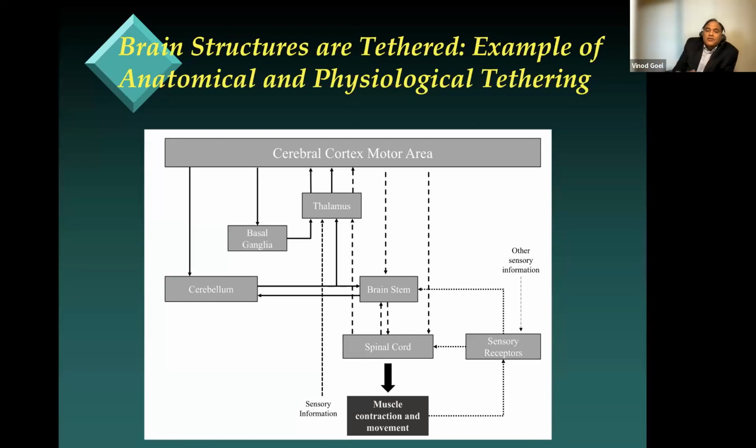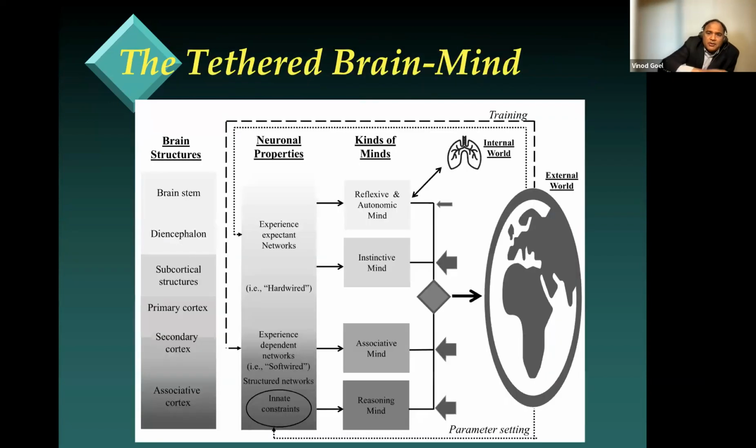And it's no different for something like reasoning or rationality. And we know this, and yet our models of reasoning don't seem to pay much attention to it. So at the brain structural level, the way I'm viewing the world is something like this.